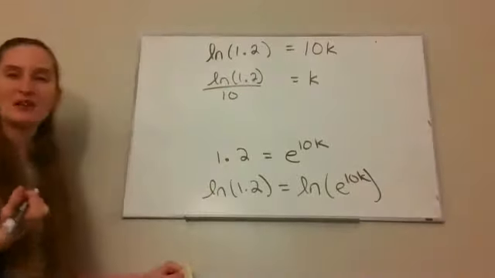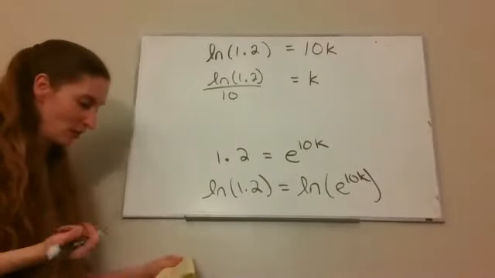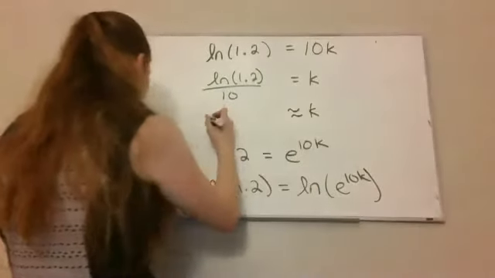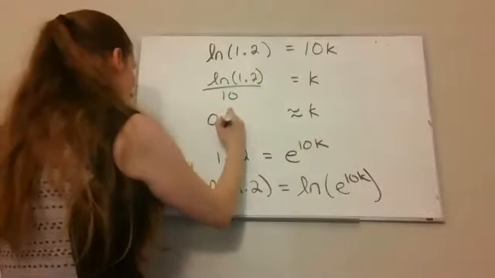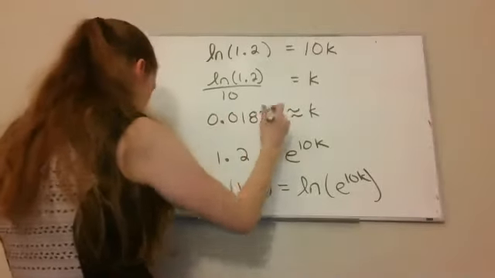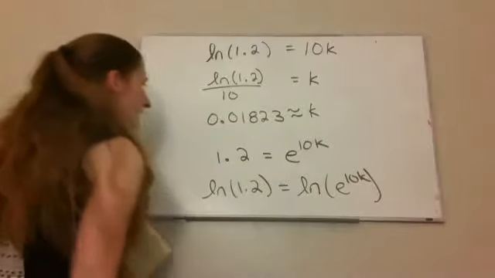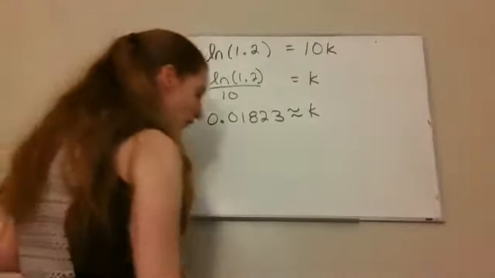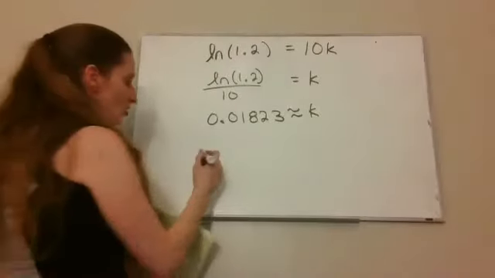But the problem said to round k to 5 decimal places. If you type that into a calculator, you'll get k is approximately 0.01823.